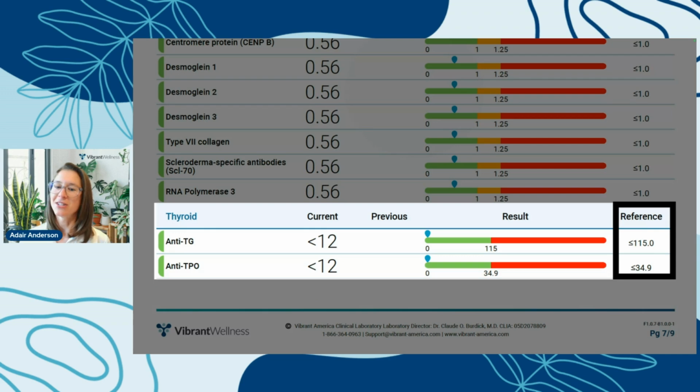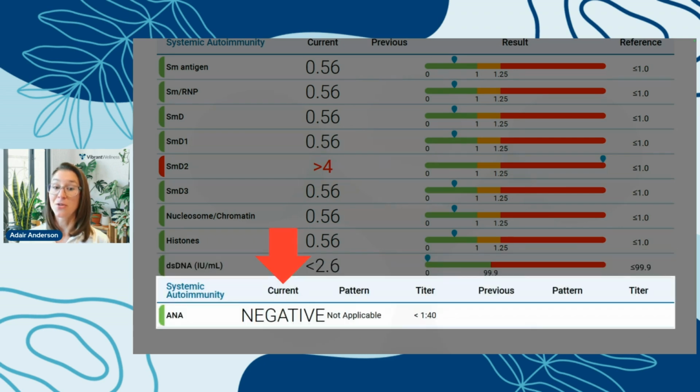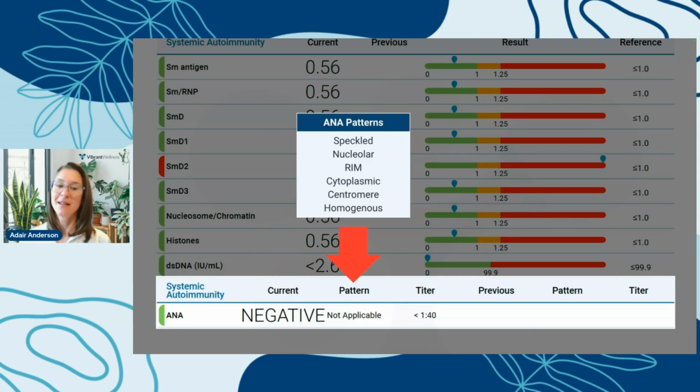Meanwhile, other antigens have a higher reference range, as is the case for the thyroid antigens thyroglobulin and thyroid peroxidase, and the systemic autoimmunity antigen double-stranded DNA. Also note that ANA is reported as either negative or positive, and if positive, the pattern will appear here, either speckled, nucleolar, rim, cytoplasmic, centromere, or homogeneous.